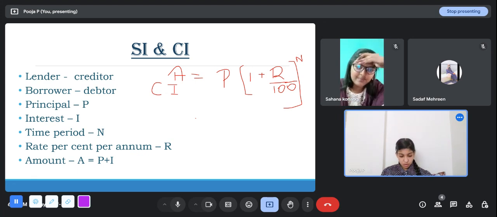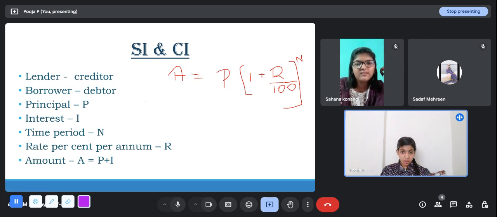Oh, I'm so sorry. This is not for compound interest. Why am I confused today? This is for the amount, and compound interest is given by amount minus principal amount.